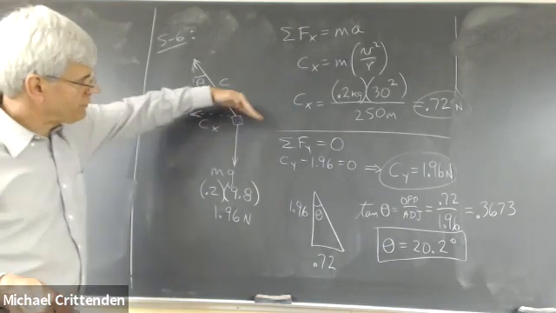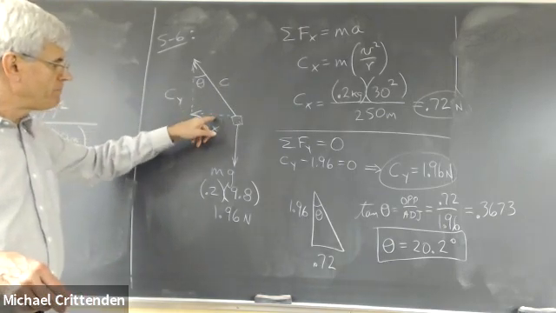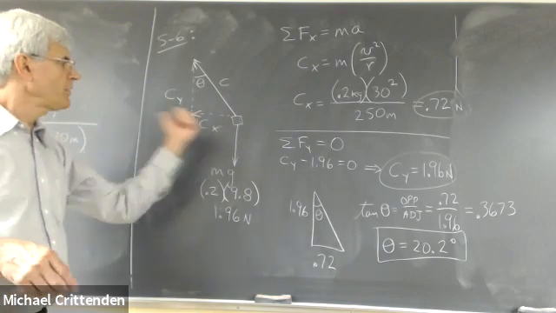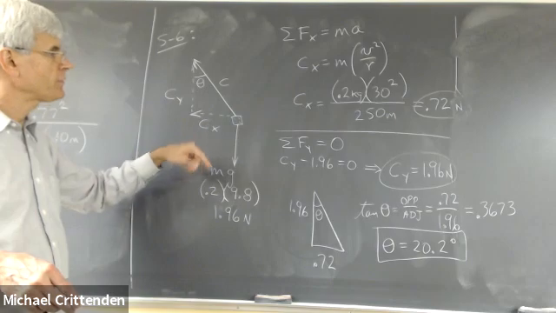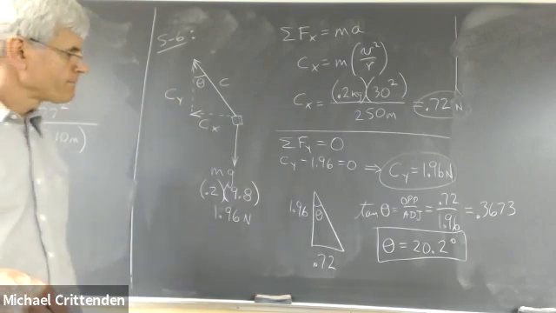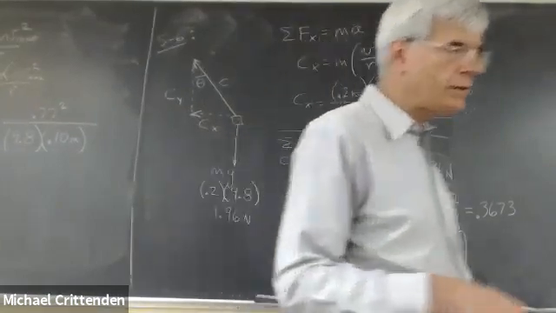So the string has to lean far enough to the side to make a big enough force toward the center. It has to provide the necessary centripetal force. And the proper amount of lean is just a little over 20 degrees.